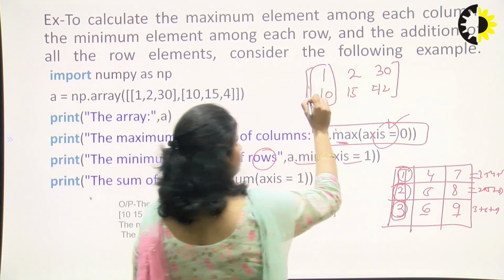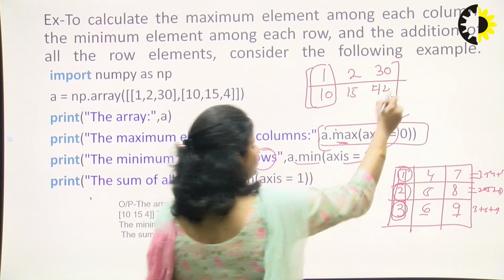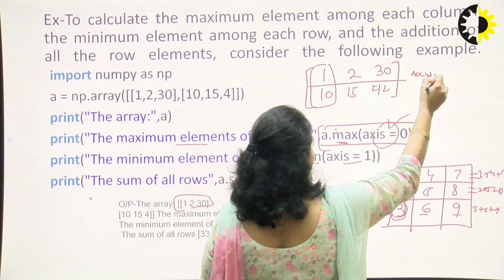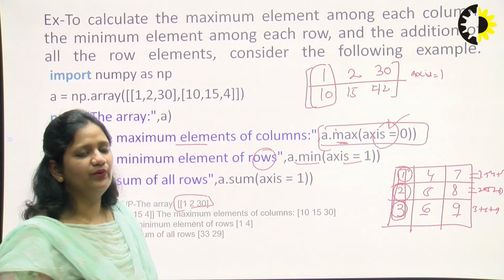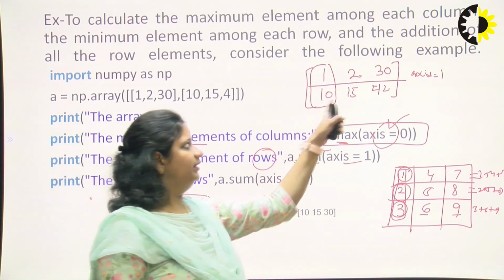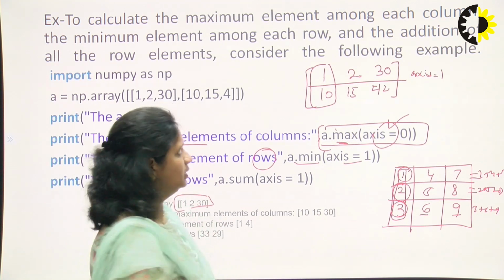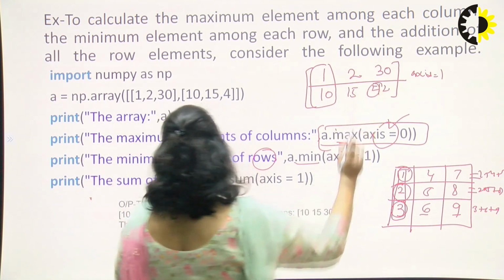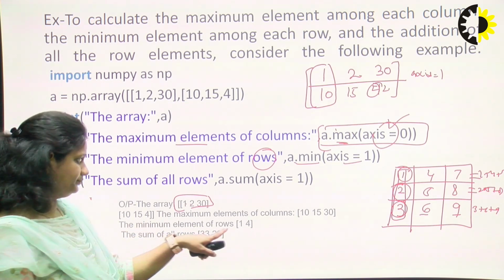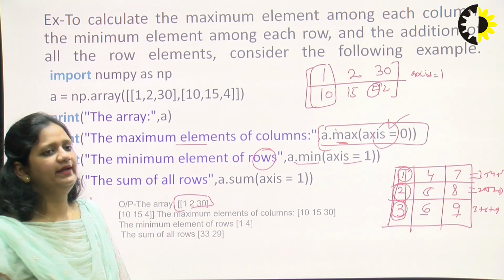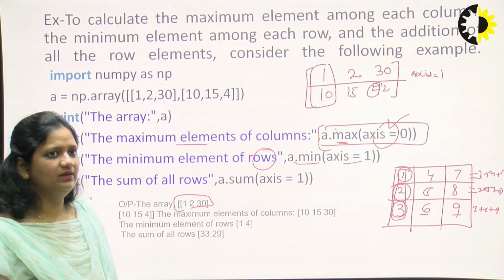So if we mention axis 1, the minimum of the first row, 1, 2, 3, is 1, and the minimum of the second row is 4. So the output will be 1 and 4. Clear?